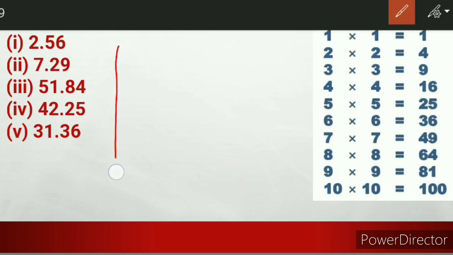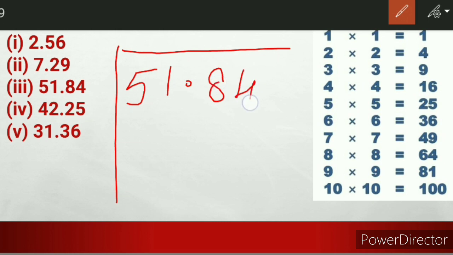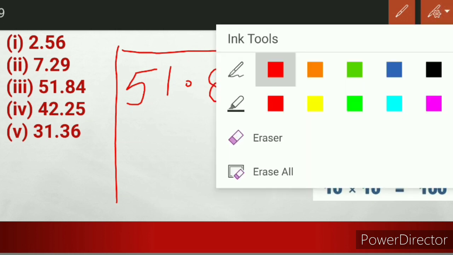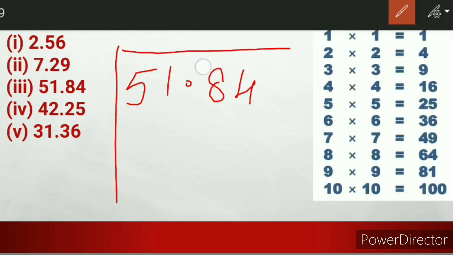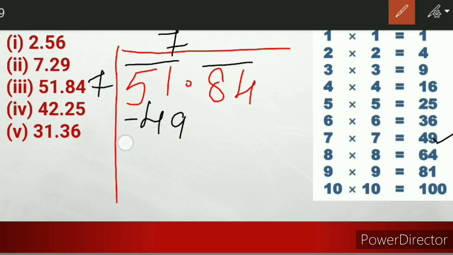Next, third number, 51.84. 84 is one group, 51 is another group. The nearest square number to 51 is 49, the product of 7 and 7. 7 sevens are 49. If you subtract, you get 2.